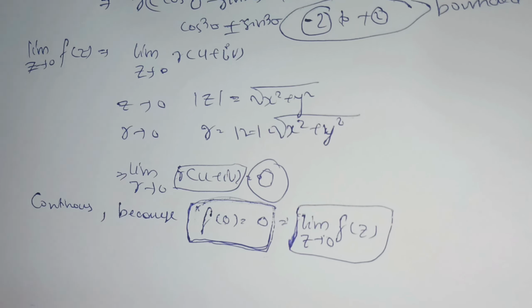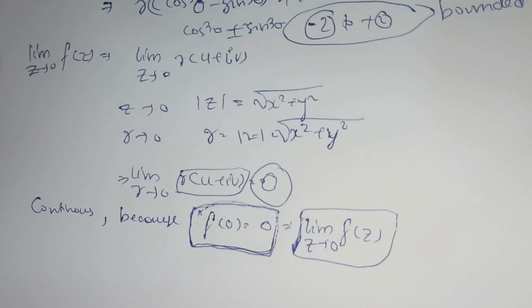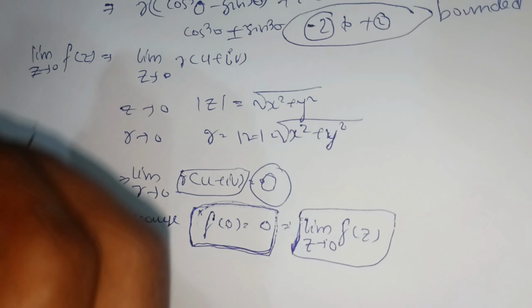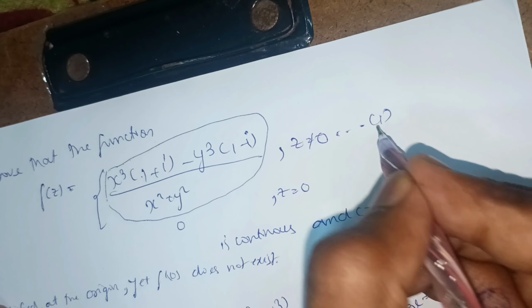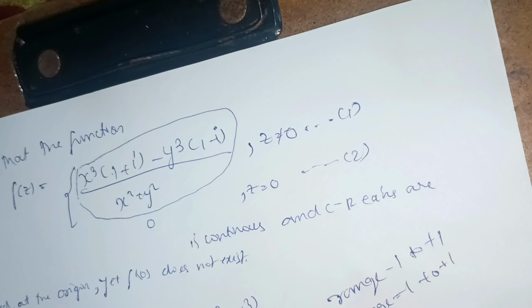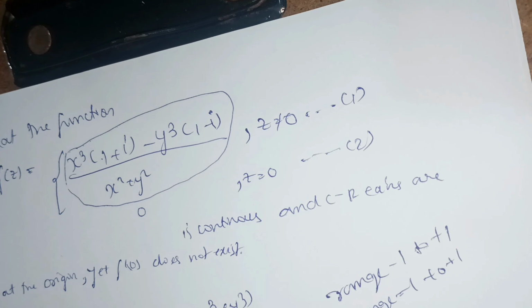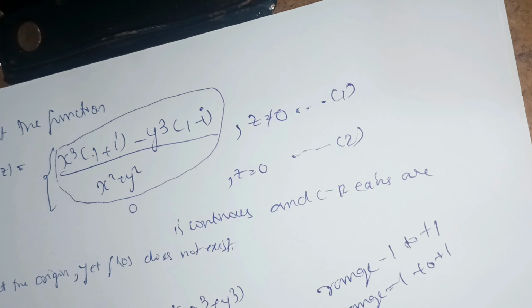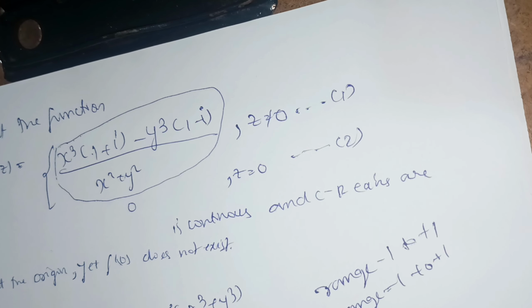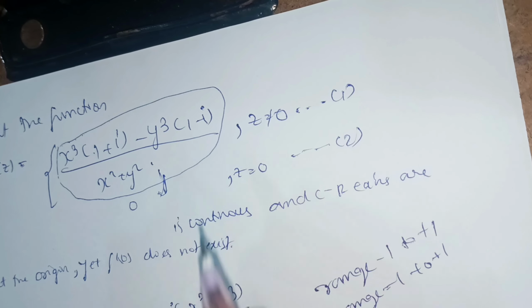So we can say that the given function f of z is continuous at the origin, and both the terms are continuous at the origin.